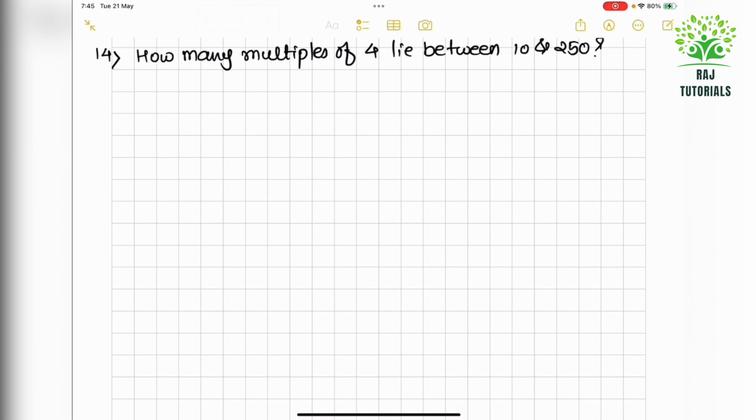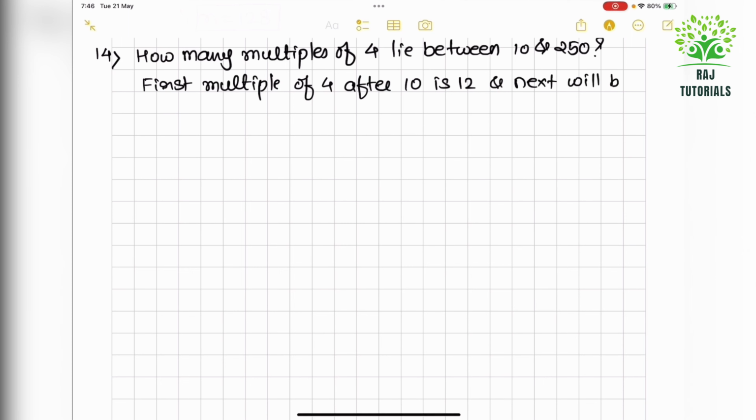Next is how many multiples of 4 lie between 10 and 250. So again doing the same way, see, the first multiple of 4 after 10 is 12, and next will be 16.